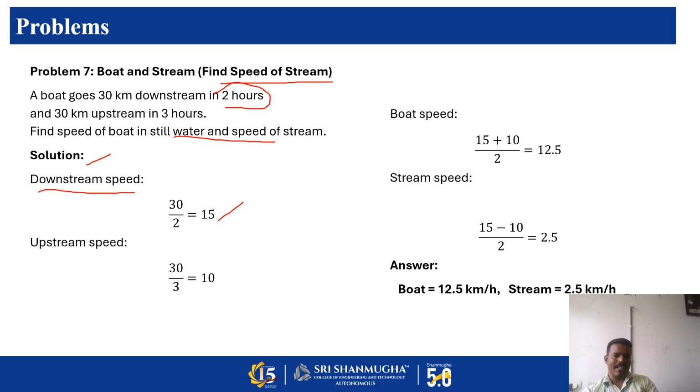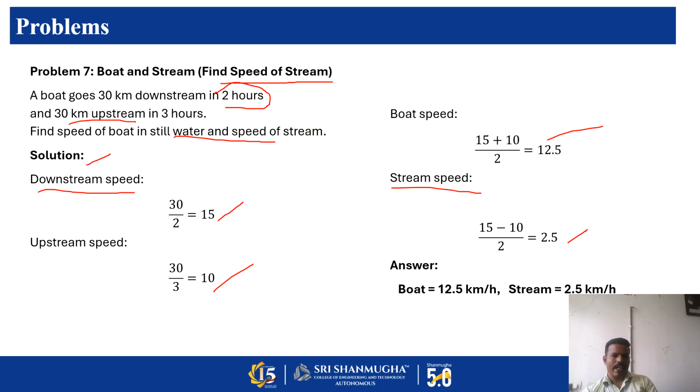Now upstream is 30 km in 3 hours, so 30 by 3 is 10. Boat speed is equal to 15 plus 10 divided by 2, because we have downstream and upstream, which gives 12.5. Now calculate the stream speed. For boat speed we add; for stream speed we subtract, so 15 minus 10 divided by 2 is 2.5.